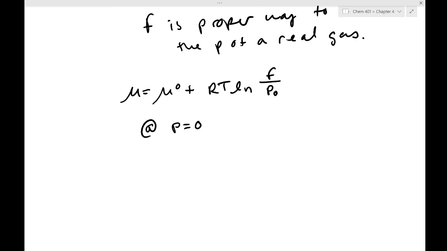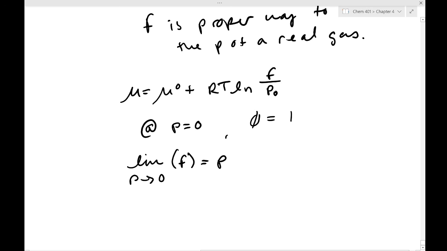So at pressure equal to 0, phi equals 1, so all gases are ideal. So we can rewrite this as the limit as pressure approaches 0 of fugacity is equal to P, and the limit as pressure approaches 0 of phi is equal to 1.